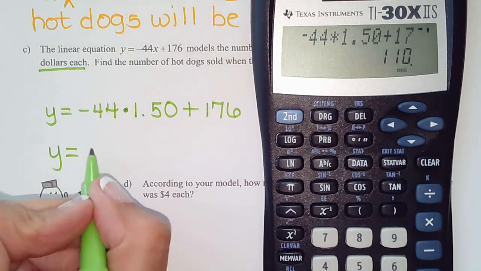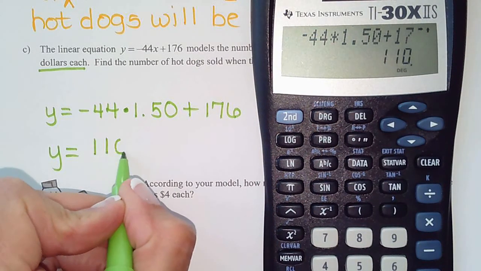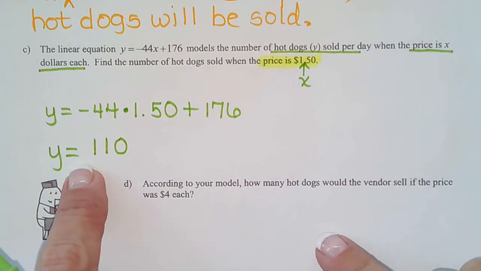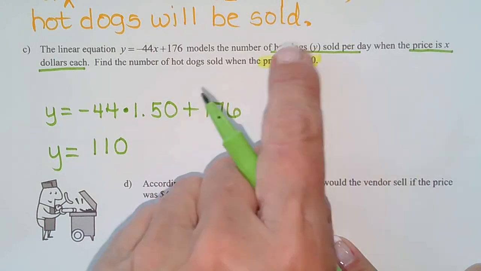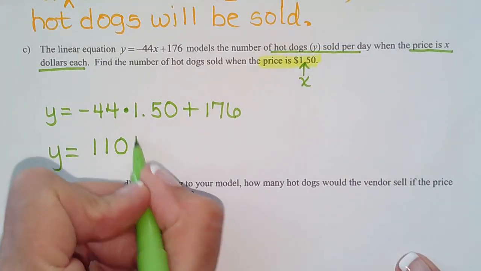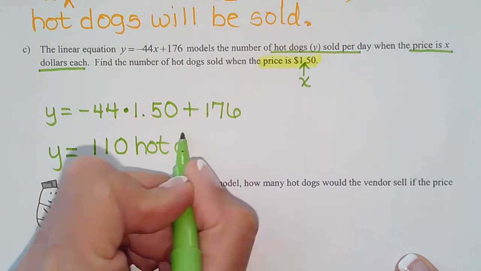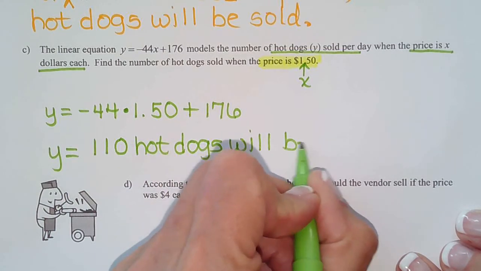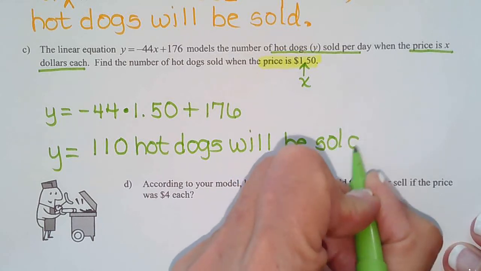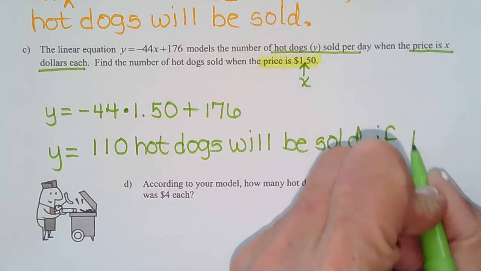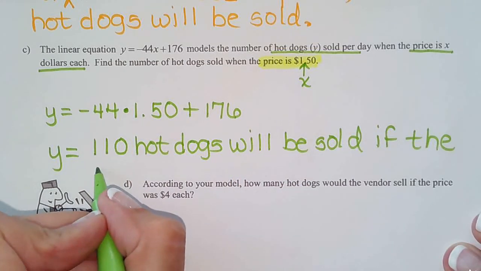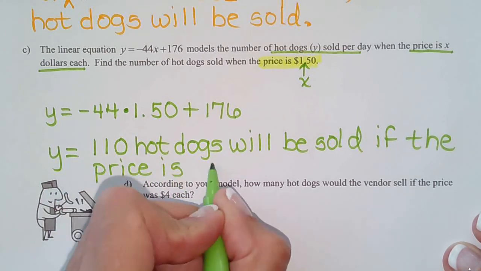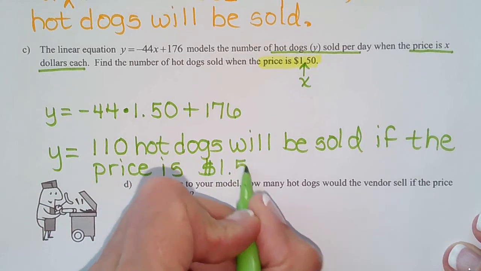So that's 110. So then we say 110 what? So this is Y. Y is hot dogs. Hot dogs will be sold if the price is $1.50 each.